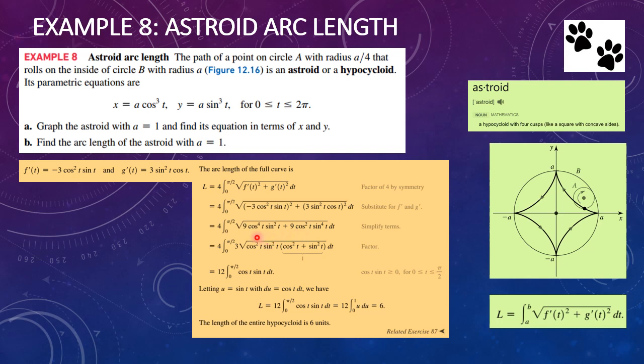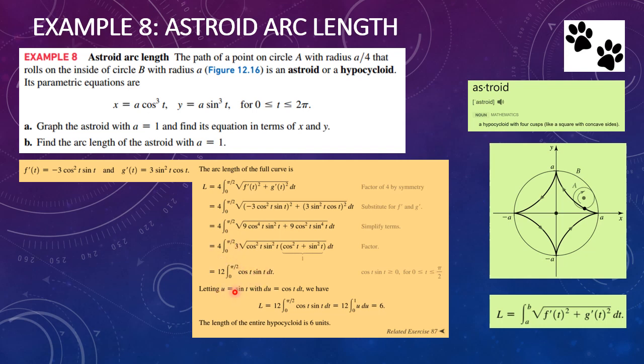So if we factor out a sine squared and a cosine squared, we're left with cosine squared plus sine squared, which of course we can substitute in. This equals 1. So what we're left with is the square root of cosine squared times sine squared. Well, the square root of cosine squared is cosine. The square root of sine squared is sine. And 3 times 4 is 12.